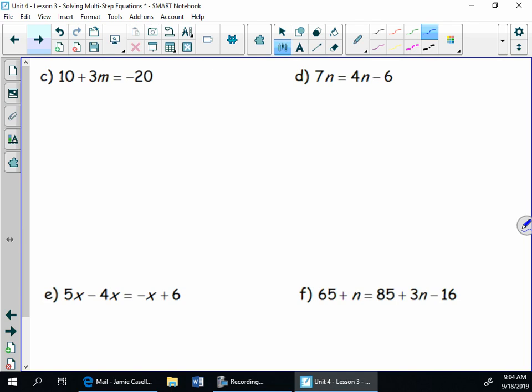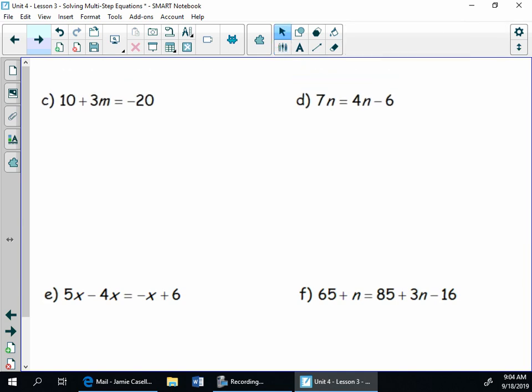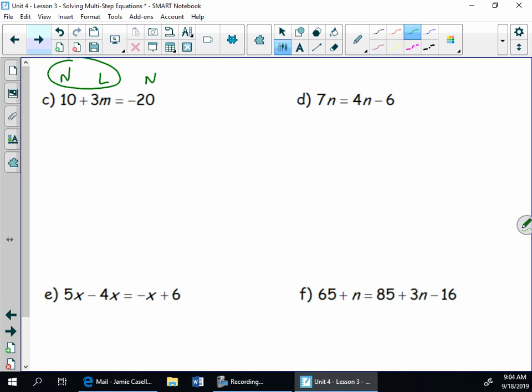Okay, take a look at C here. Just move it down a little bit. Okay, what do I got? A number, a letter, a number. Oh, I've got a mixture of numbers and letters. Something has to move. Well, since I already have the numbers over here, it makes sense to move the other number over there. What is that going to look like?